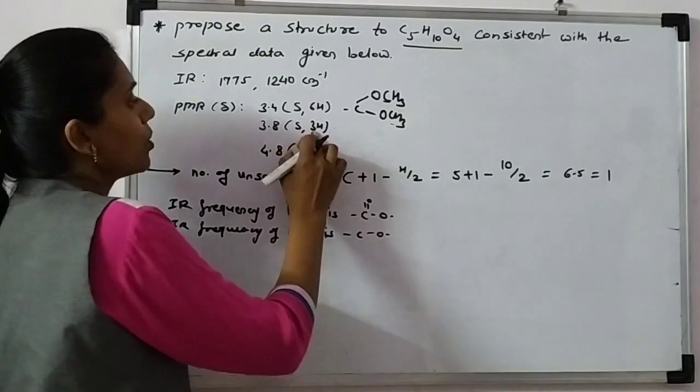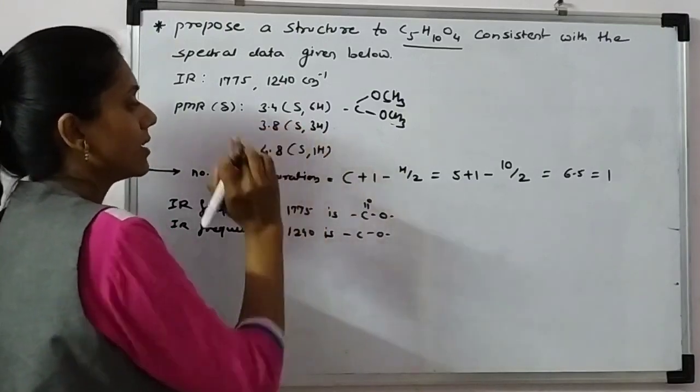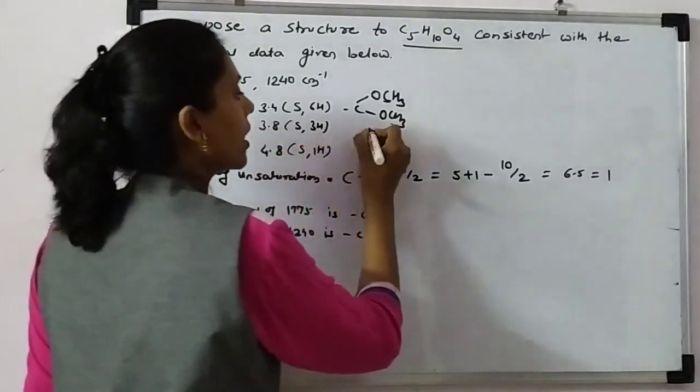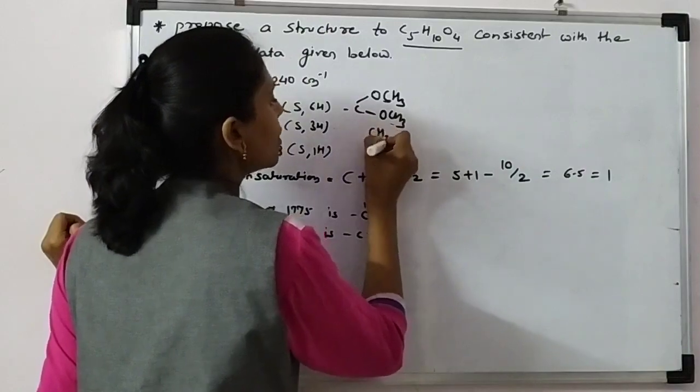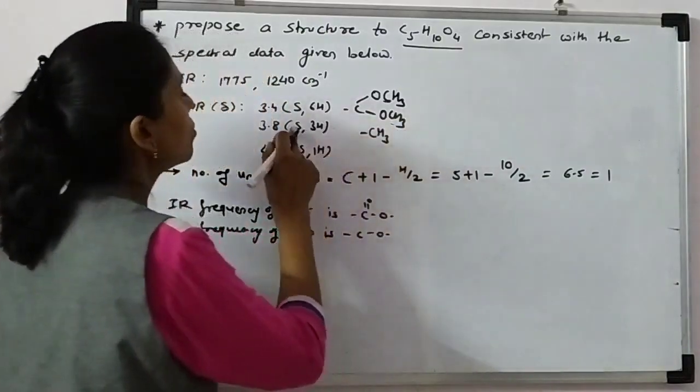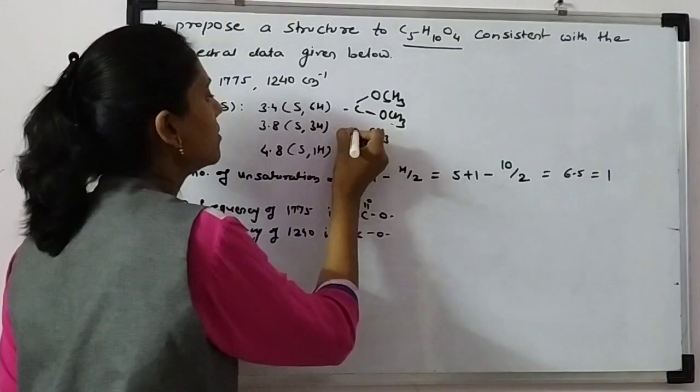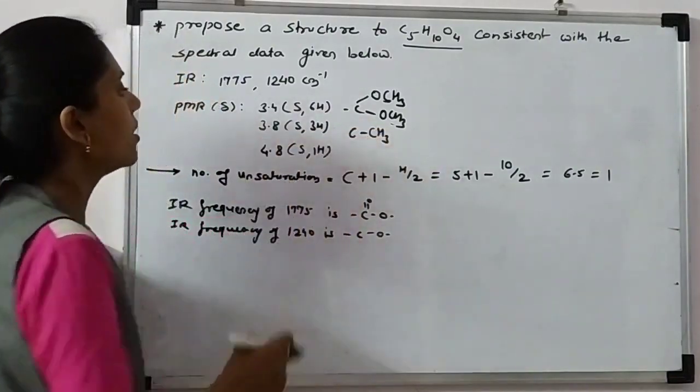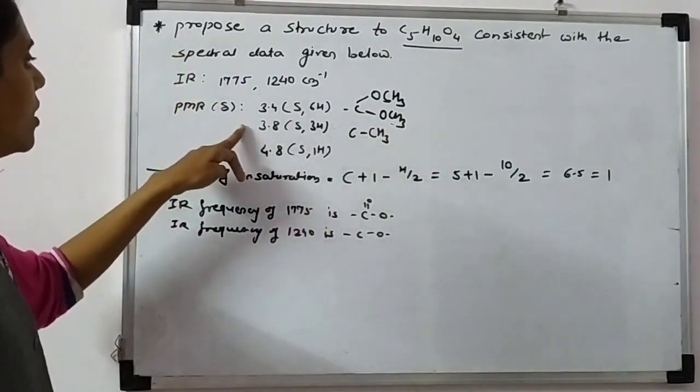Next one, 3 protons give a singlet. That means again there is a CH3 group attached to a singlet carbon, but which, carbon or oxygen?